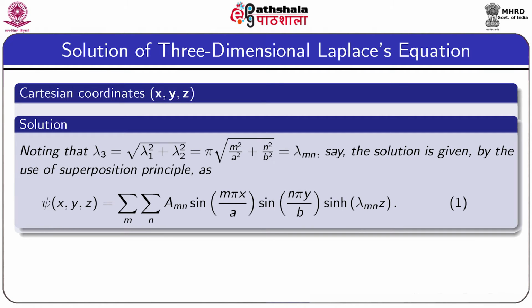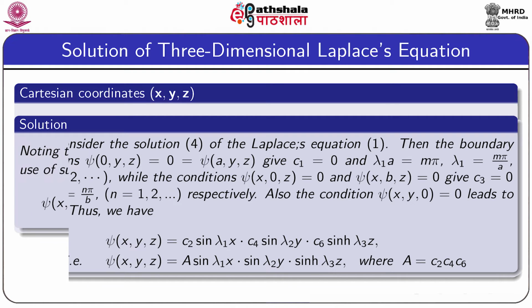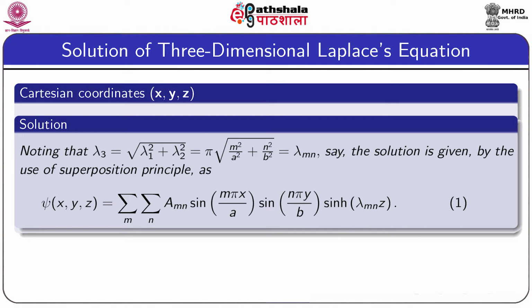Now, we note that in this solution, lambda 1 and lambda 2 are not arbitrary. They can take the values m pi by a and n pi by b respectively, and lambda 3 is dependent on lambda 1 and lambda 2 by the relation lambda 3 equals the square root of lambda 1 squared plus lambda 2 squared.